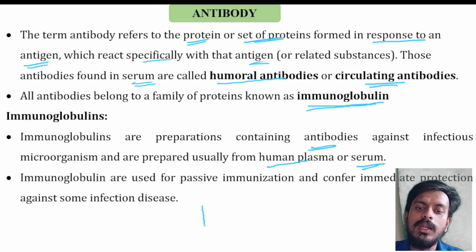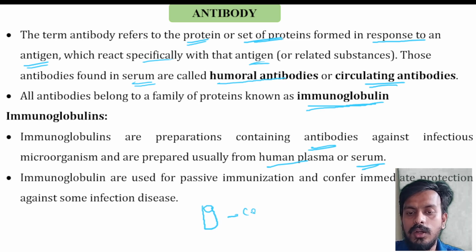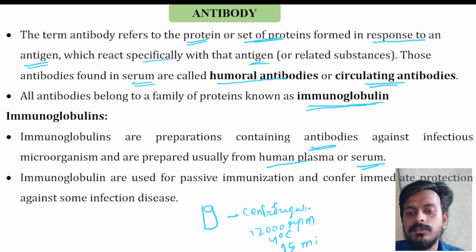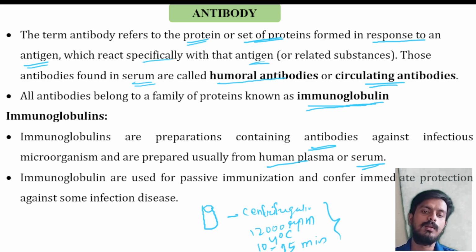If you take blood and undergo a centrifugation process at around 12,000 RPM, at 4 degrees centigrade for around 10 to 15 minutes, you will be able to isolate plasma and serum.